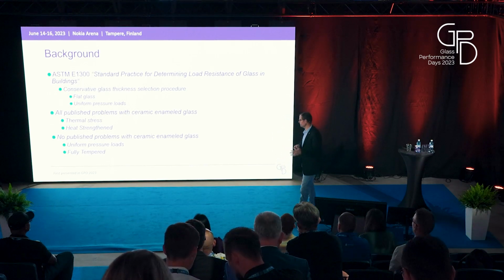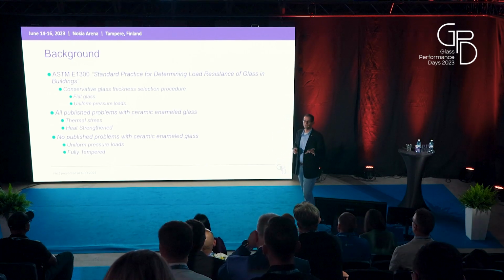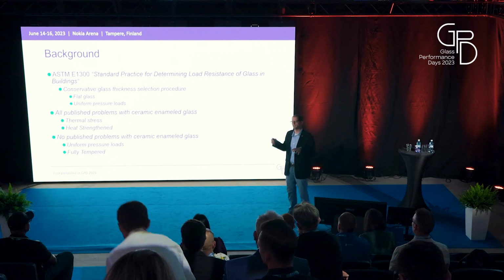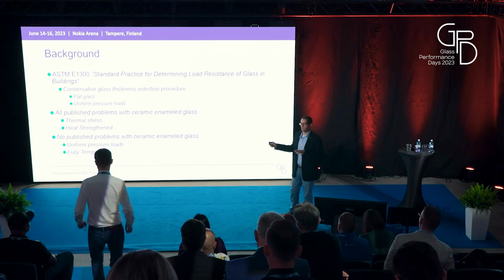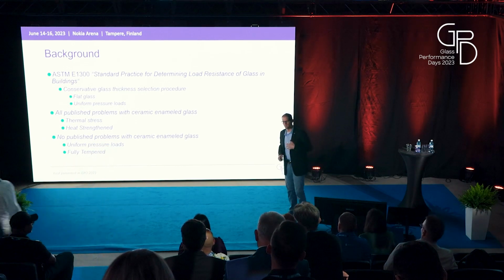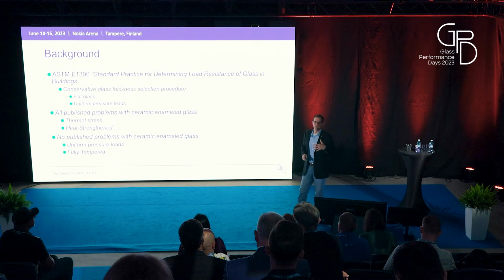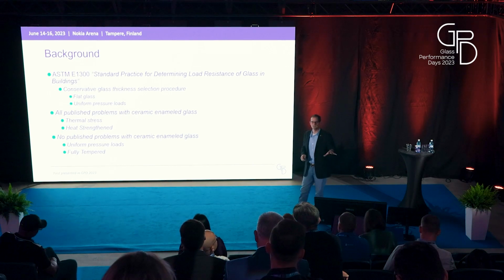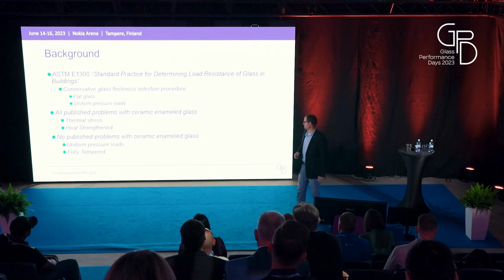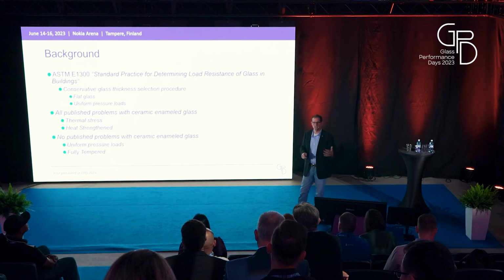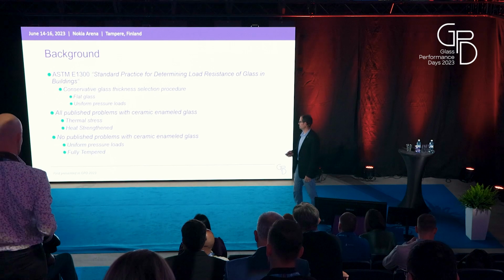So we don't necessarily have an issue with uniform pressure loads and how E1300 applies to that, or an issue for fully tempered ceramic enamel. But what that did was that brought forward the issue of, hey, ceramic enamel is weaker than freshly manufactured clear glass. Does it still apply to E1300, and should we be doing anything about the applicability for uniform pressure?